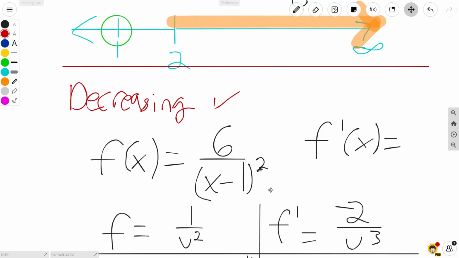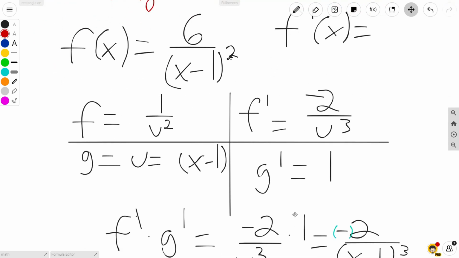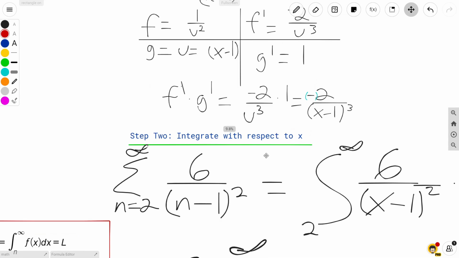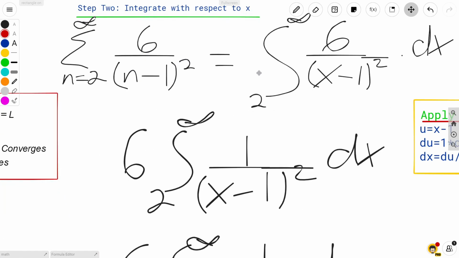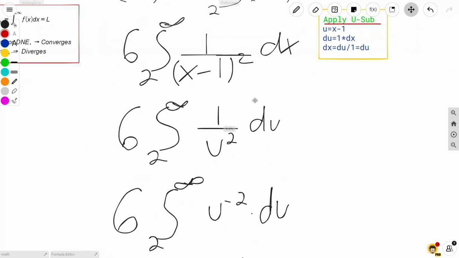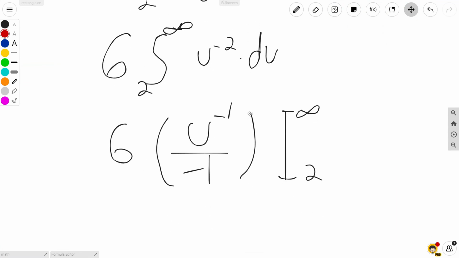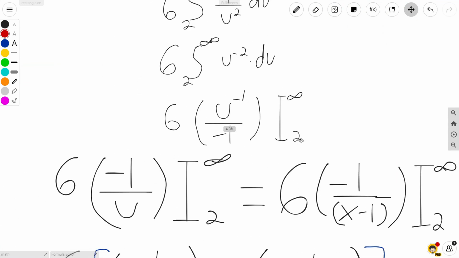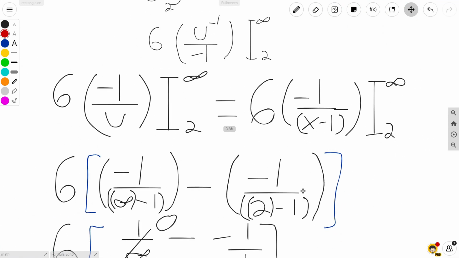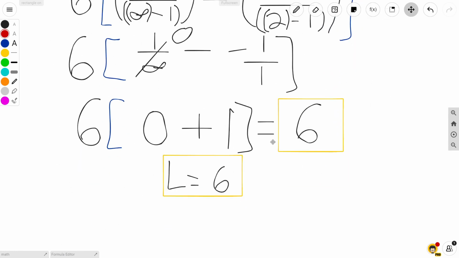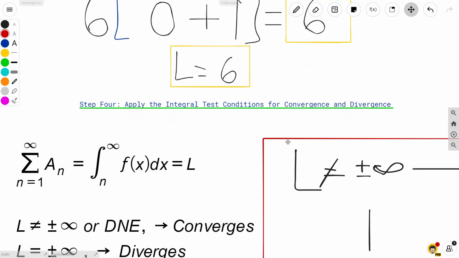And we tested to see if it was decreasing by taking the first derivative, which all worked out. Then in step 2, we did some calculus, we integrated, we did some u substitution, we plugged in the limits, and we found our L, which was equal to 6.